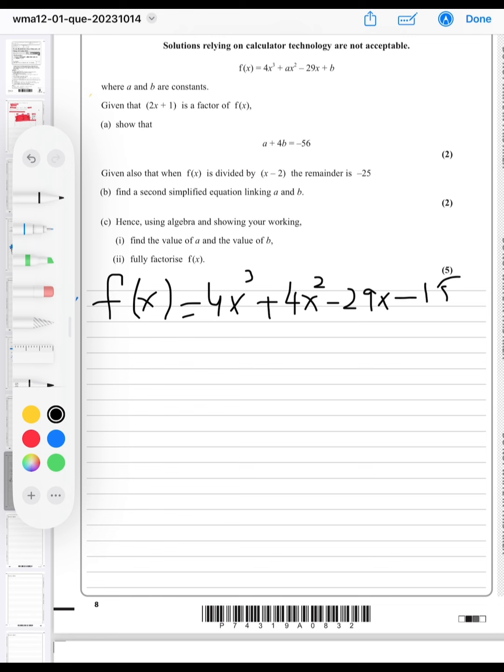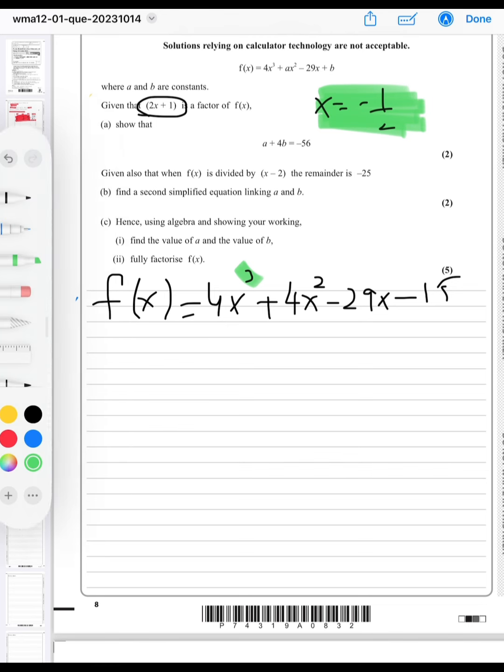So this is the whole equation which we got here, and we already know that 2x plus 1 is the factor. We already know this thing, so which means that we have one value of x, and the highest power is, you can see, 3, so which means that we have to find three values of x. Out of three values we already have one value, so the two values are remaining. So we have to find the remaining two values.